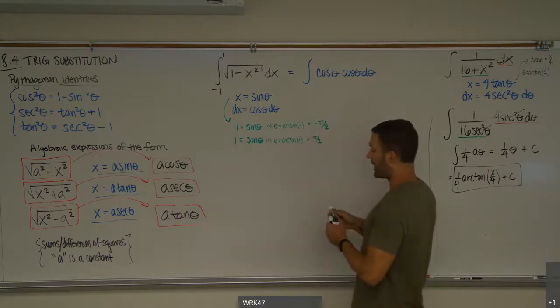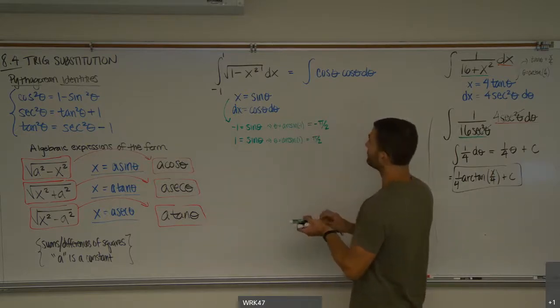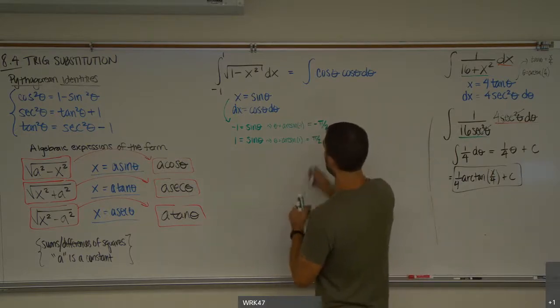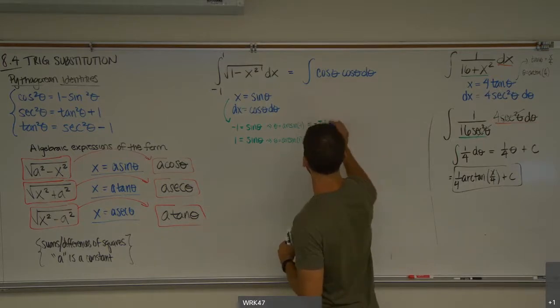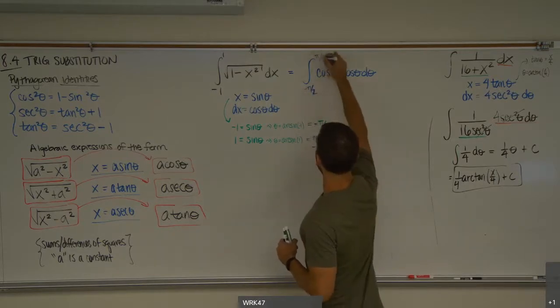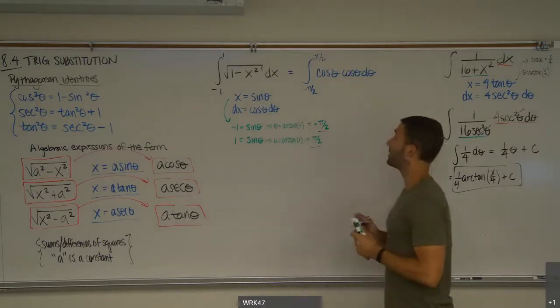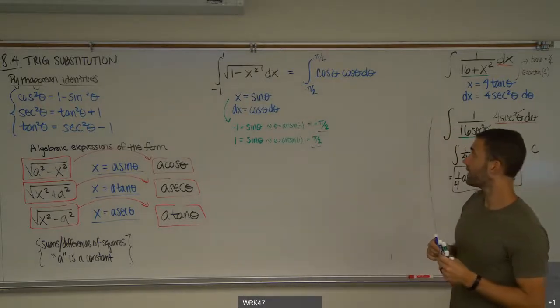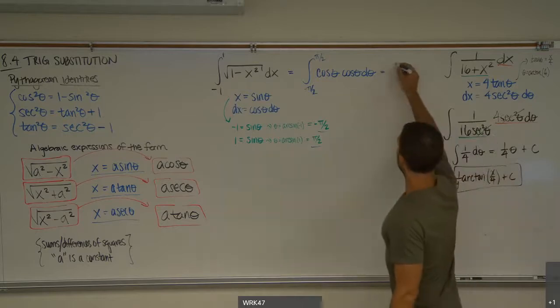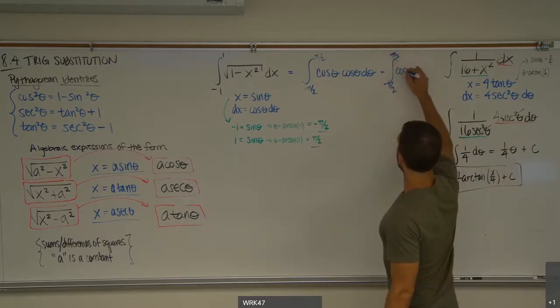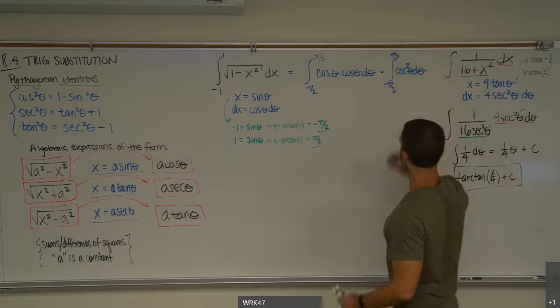And so we're going from -pi/2 to pi/2. Change our bounds. -1 is now the theta bound of -pi/2, and 1 for the x bound is now my theta bound of pi/2. And so we get a definite trig integral from -pi/2 to pi/2 of cosine squared theta d theta.